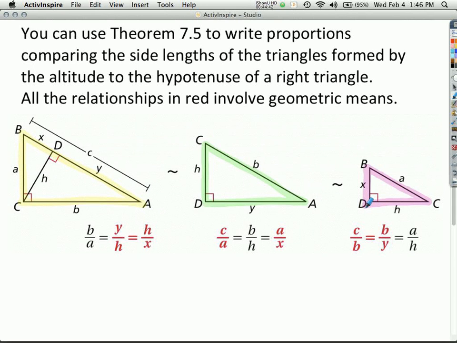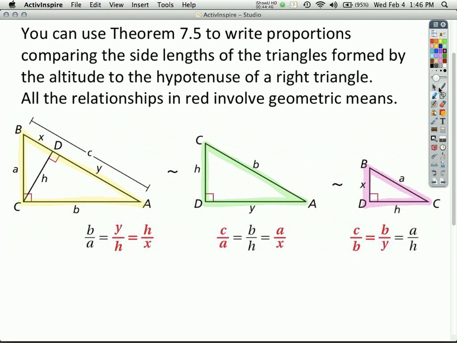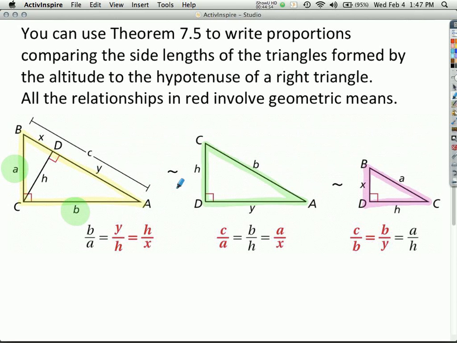And so what that means is, if they're all similar, then this side to this side is in proportion to that to that. That's what you learned in the previous chapter: when you have similar figures, their sides are in proportion.